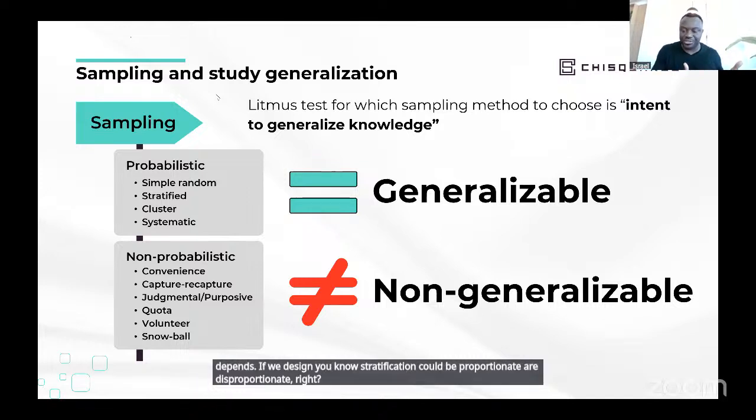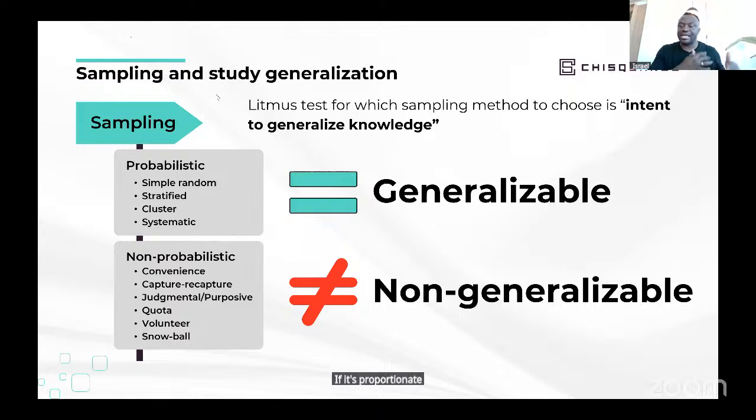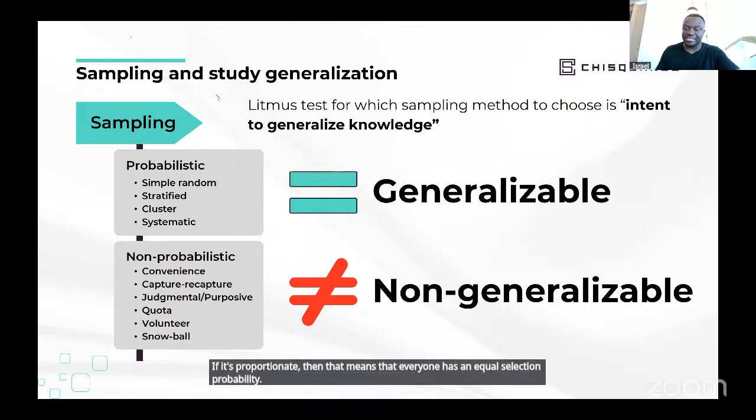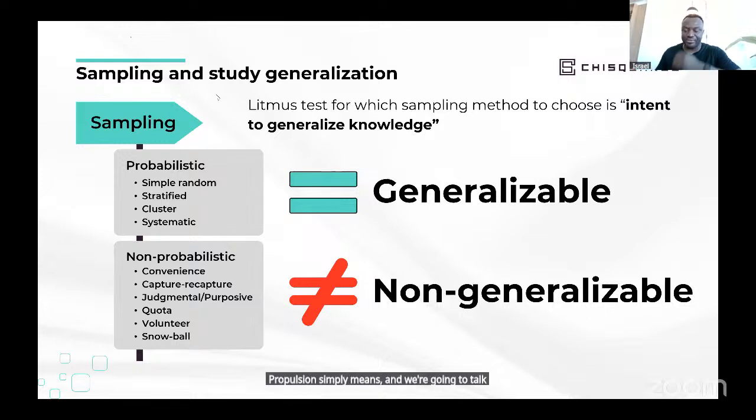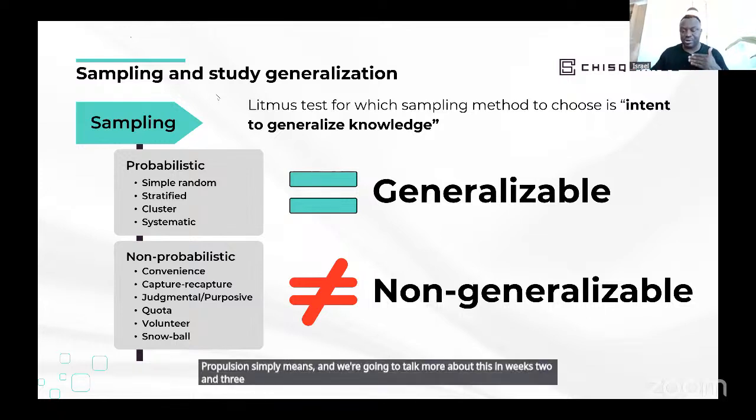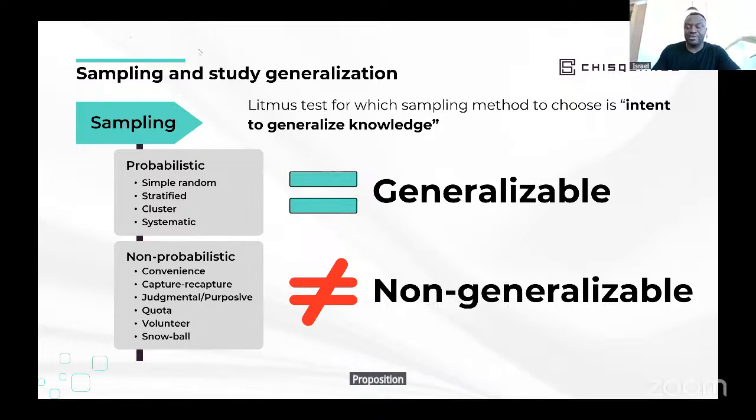If it's proportionate, then that means that everyone has an equal selection probability. Proportionate simply means, and we're going to talk more about this in weeks 2 and 3, but we're just setting the stage so that when we get there, it's clear to us. Proportionate sampling simply means that we have a sampling fraction which we're applying to all segments of a population.